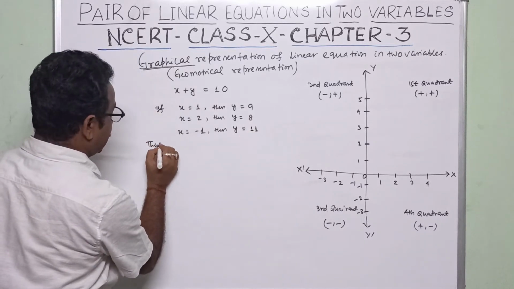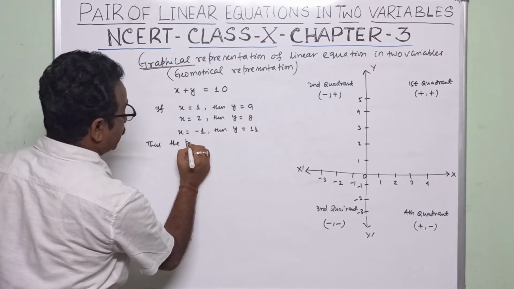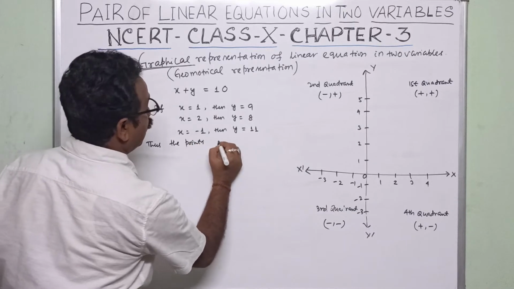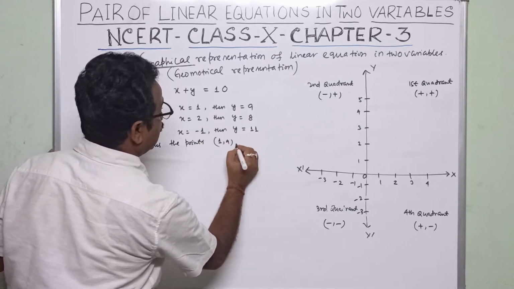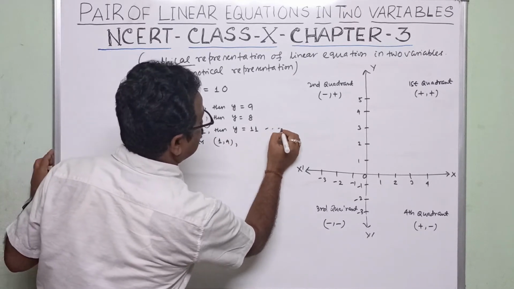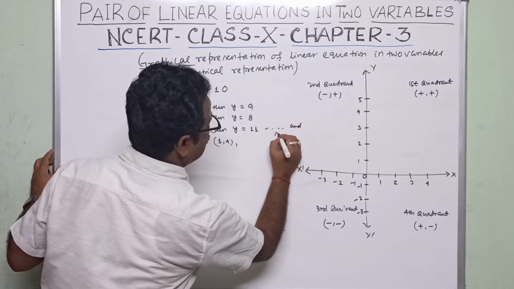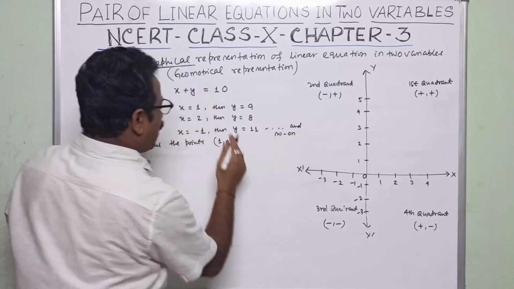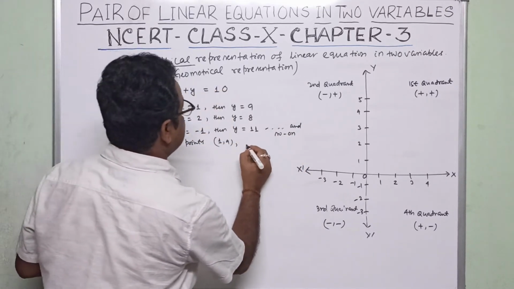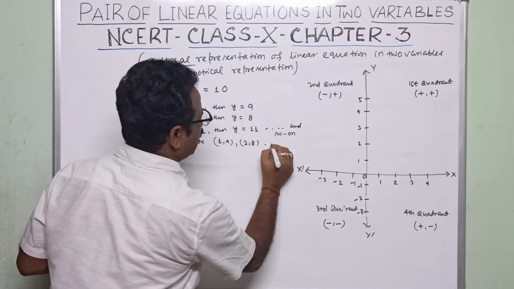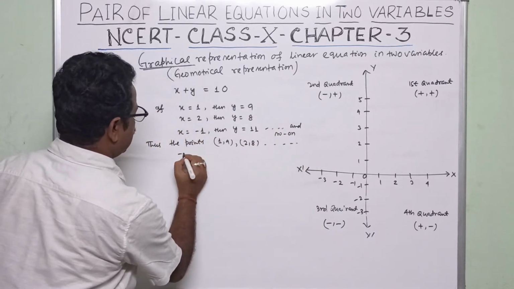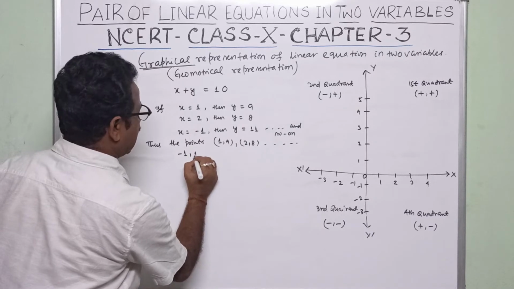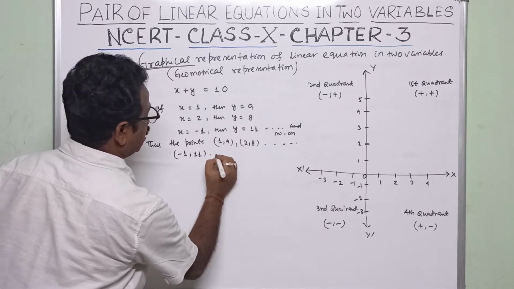Thus, the points are (1, 9), and so on. Many points we will find out: (1, 9), (2, 8), and so on, or (minus 1, 11), and so on.